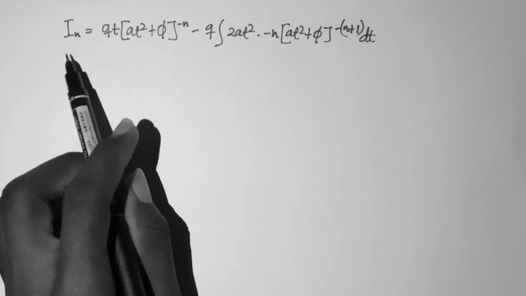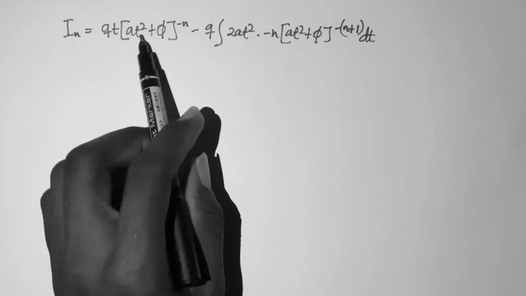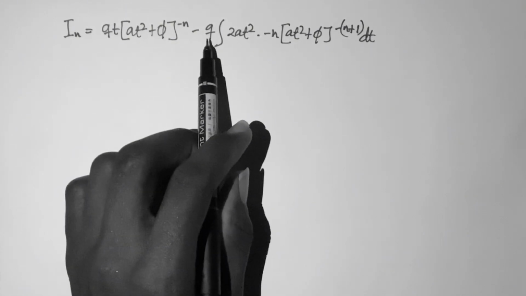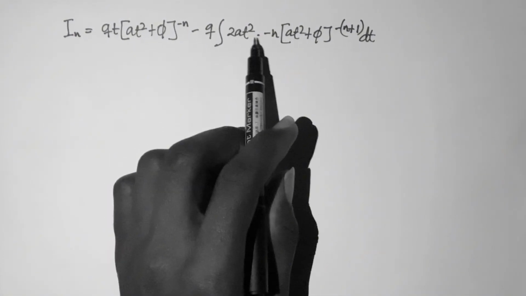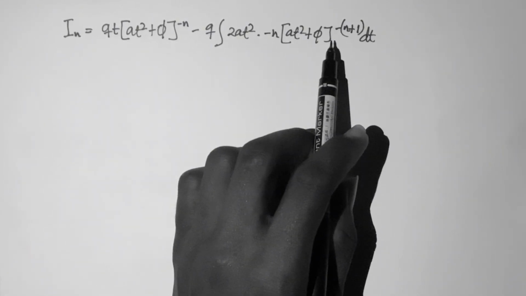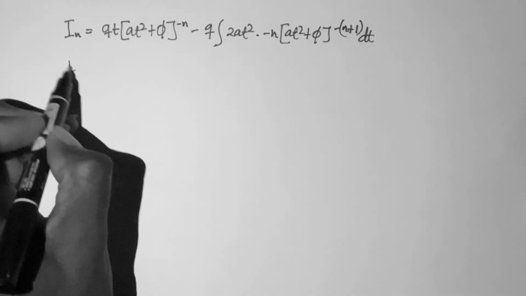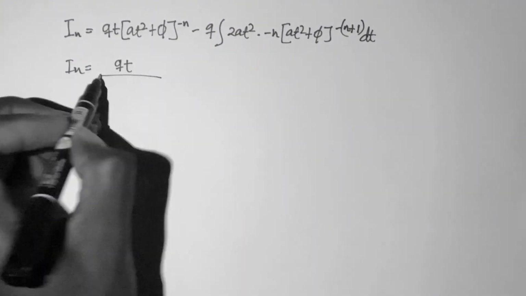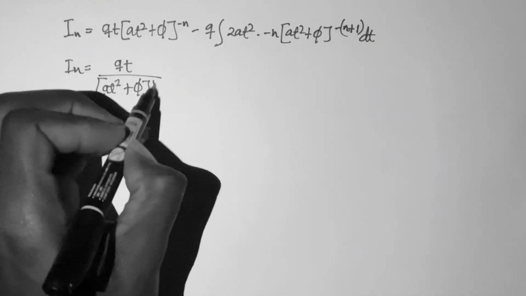So we have established that I of n is equal to qt times (at squared plus phi) exponent minus n, minus q times the integral of 2at squared times minus n times (at squared plus phi) exponent minus (n plus 1) dt. This can further be simplified to qt divided by (at squared plus phi) exponent n.